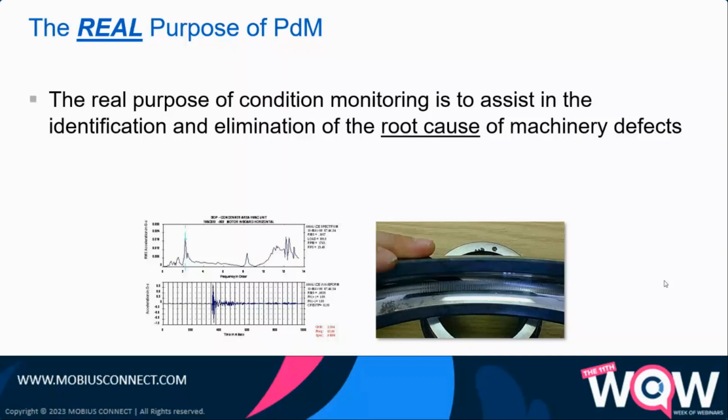If it goes later in the P-F curve, even to a catastrophic failure, typically your evidence is gone. It's very difficult, if not impossible, to identify root cause. So it can be a real solid enabler to your root cause analysis program and to improving and mitigating equipment failures in your plant. Next slide.